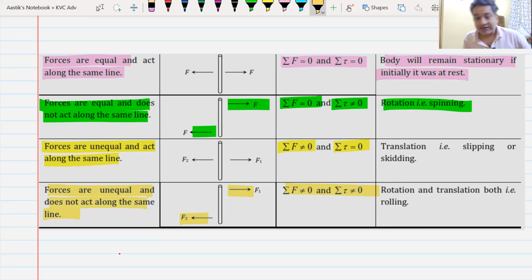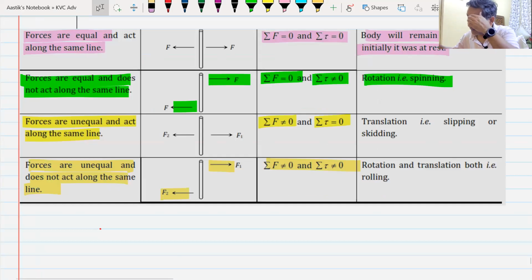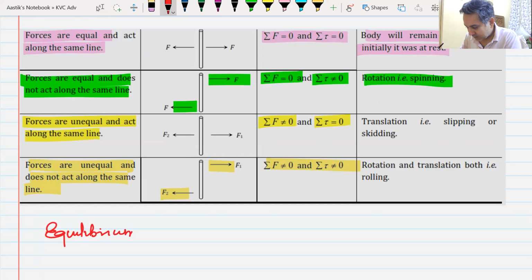So what must we understand about equilibrium? When I say a body is in equilibrium, what will that mean now? It will mean that F net is 0 and torque is also 0.